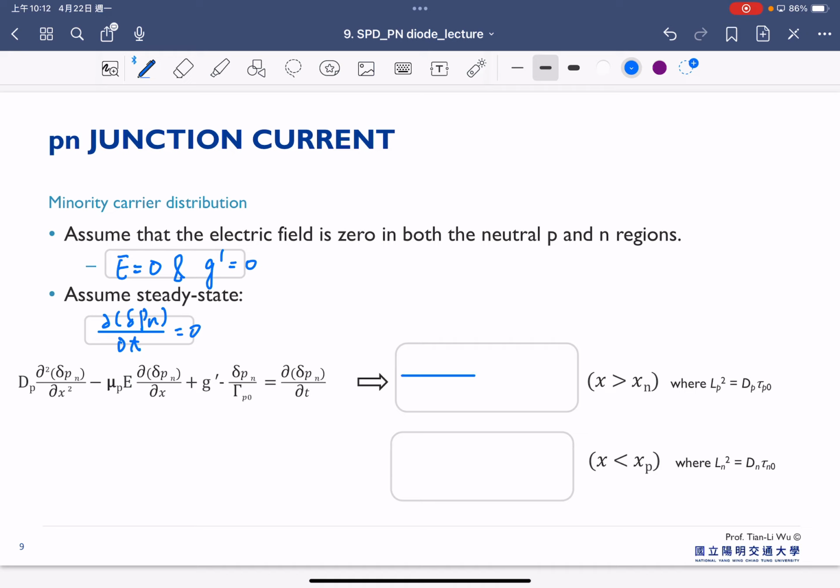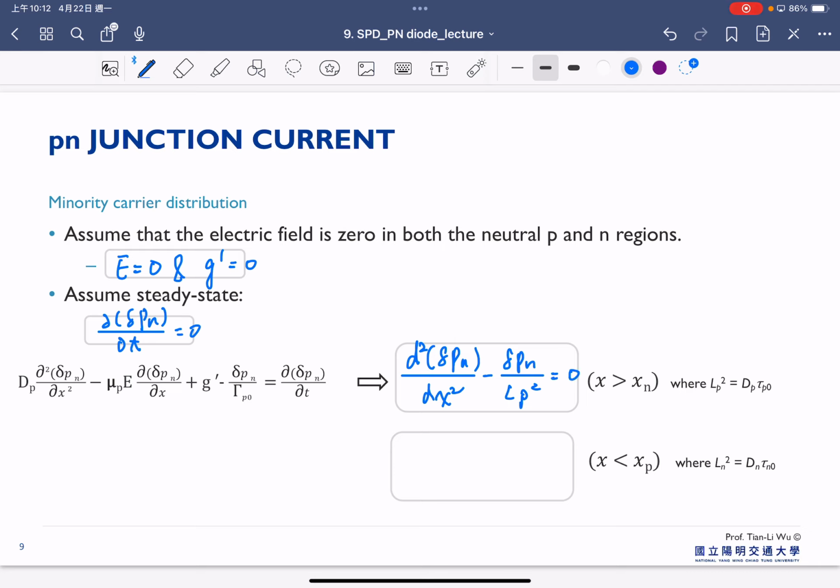The second order derivative of the excess pn with respect to the location minus excess pn over Lp squared is equal to 0.